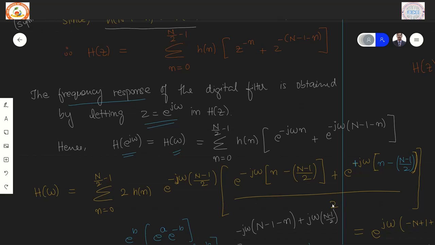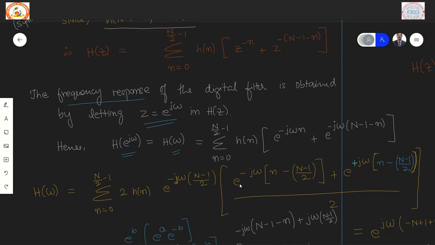Then we divide the whole expression by 2 and we multiply by 2. This is an attempt to write this equation in the form of cos, because we know cos theta is e power of j theta plus e power of minus j theta divided by 2.